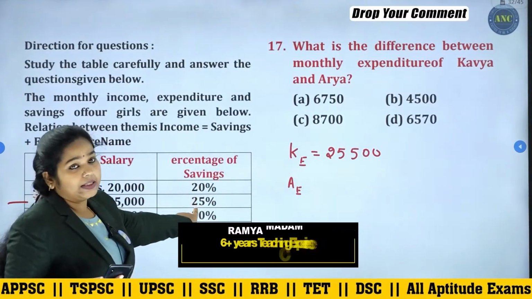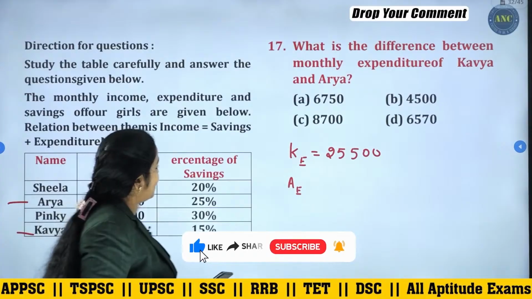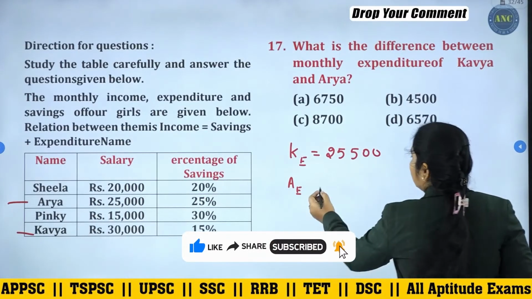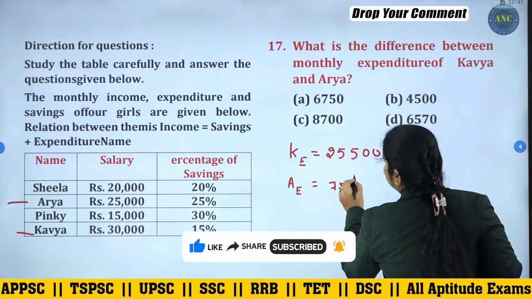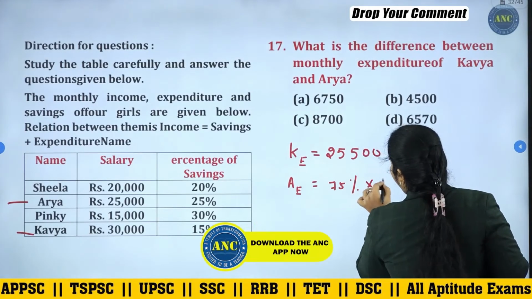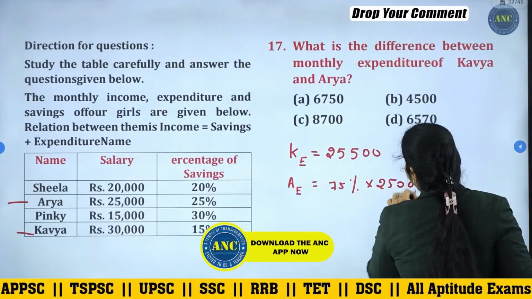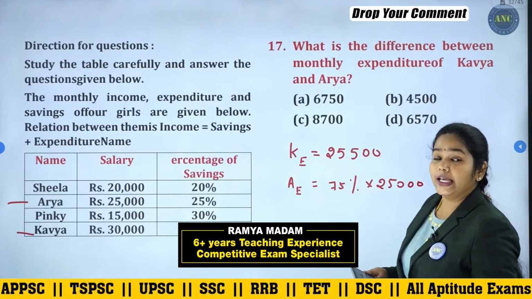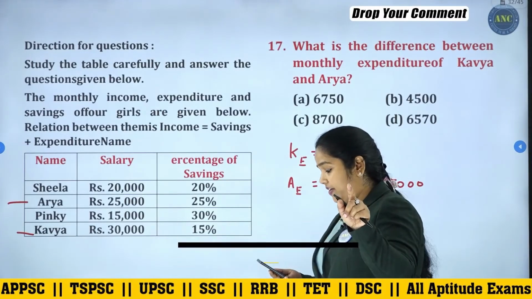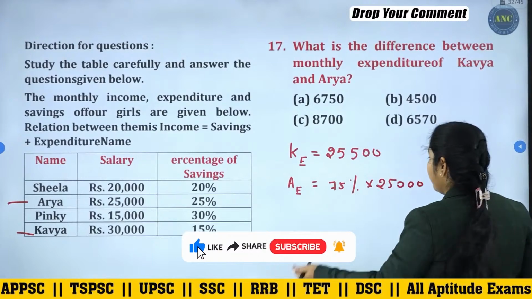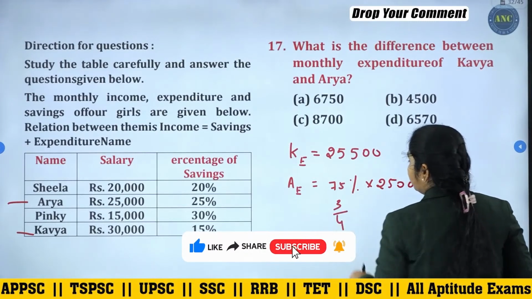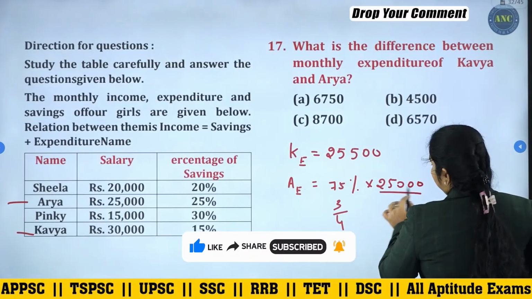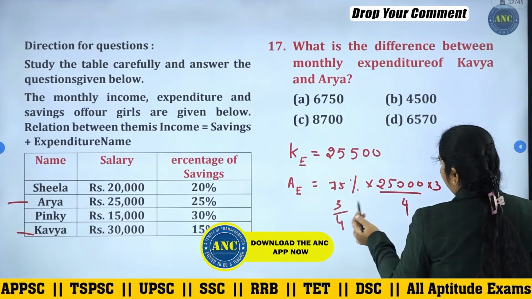See, 25% is savings, but they are asking 75% expenditure. So it's 75% of 25,000. What are they asking? Difference, no? So we have to calculate 75%. In previous questions, I told you 75% can be written as a fraction as 3 by 4. Yes. So 3 by 4 into 25,000 will do.